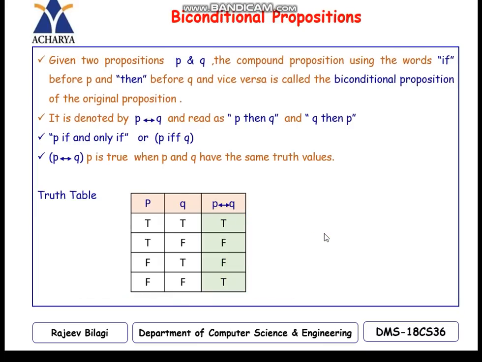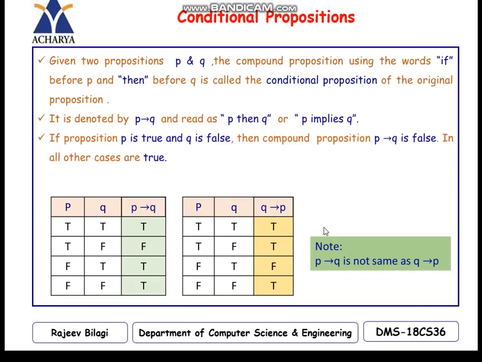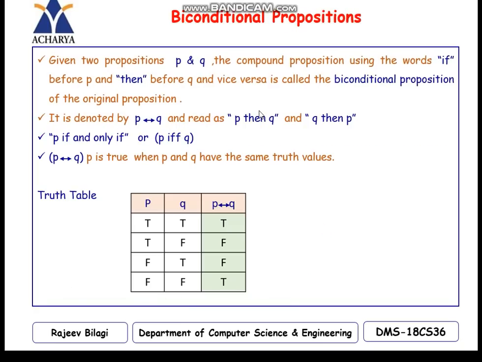Okay, now this is a conditional operator. Now another one, which is the biconditional proposition. So again it is the if and only if condition. Given two propositions P and Q, the compound proposition uses the word if before P and then before Q, and vice versa. That is, P then Q and Q then P both together.